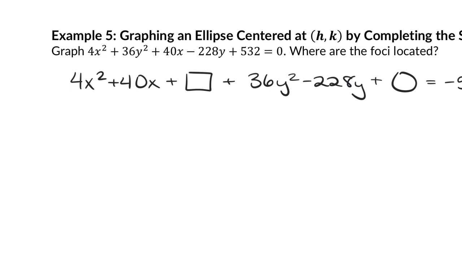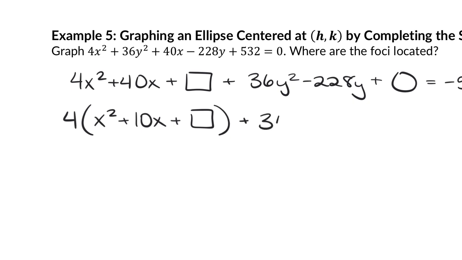So what I'm going to do is factor out the number 4 from the entire things that have x's. So this becomes x squared and 10x and then my mystery number all in a parentheses. What number would I factor out of the y's? 36, the whole thing. We want the y squared to be by itself.